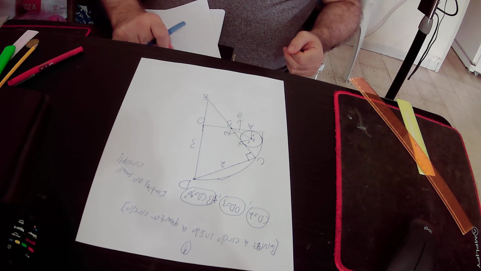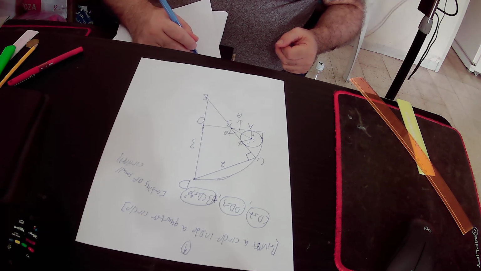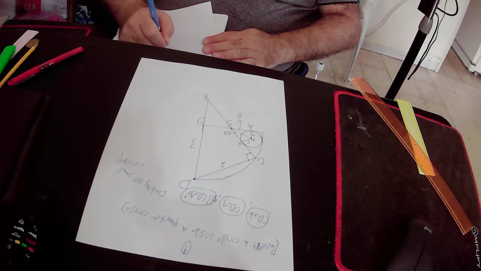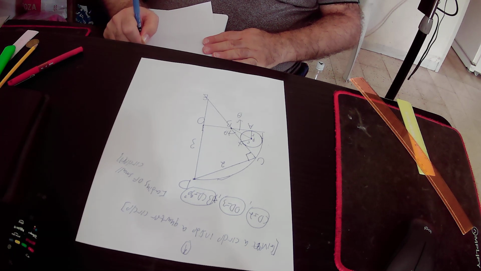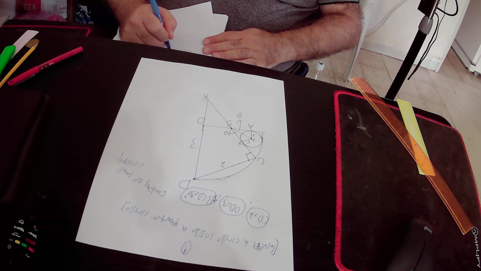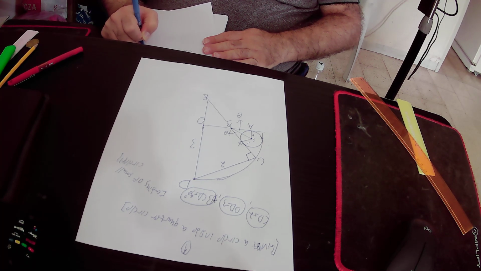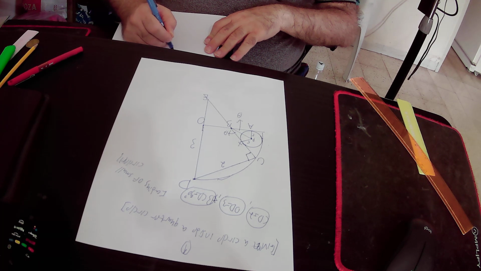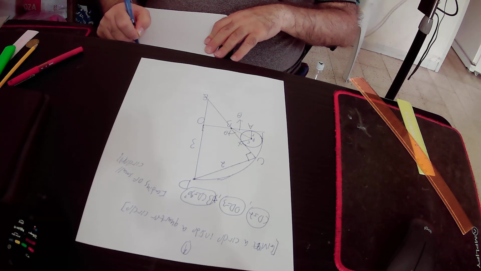And we have a rule that states that any peripheral angle that equals 90 degrees must rest on the diameter of a circle.